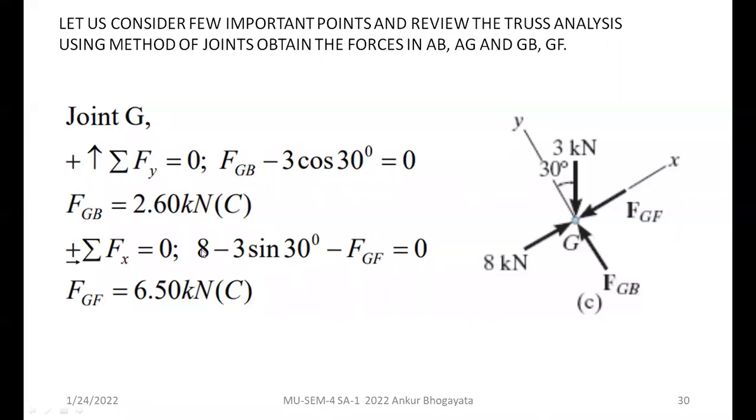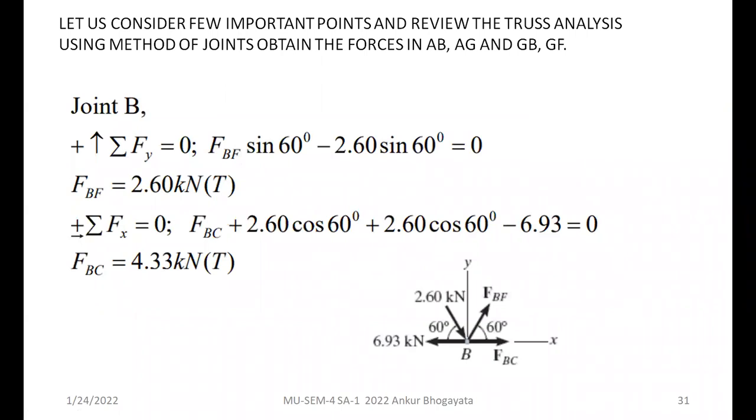So friends, as we can see, the forces are determined, and you may have got the same answers here. Now let's check. I think joint B is still pending. Yes. So again, when you go to joint B, you can find the pending member force, that is BC.